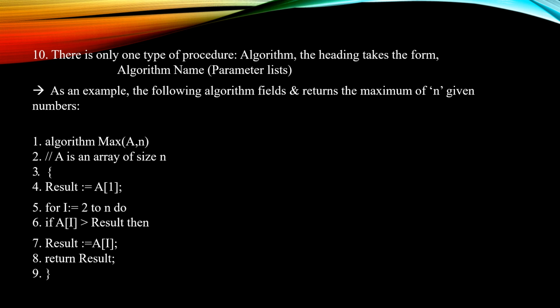Next is how the opening braces and closing braces are to be present, then how the for statements are to be defined, how the if conditional statements are to be defined, and how assignment statements are to be present. All the conventions are present in this example.